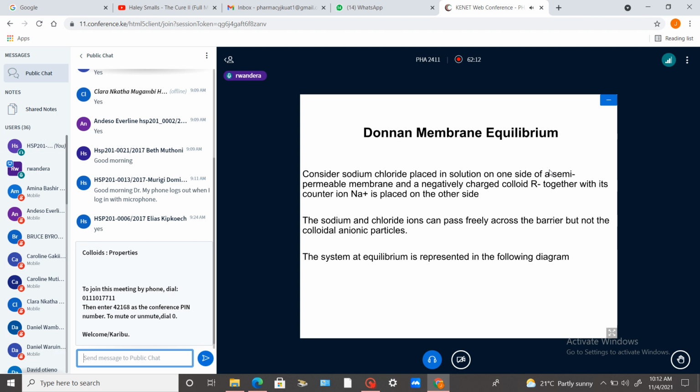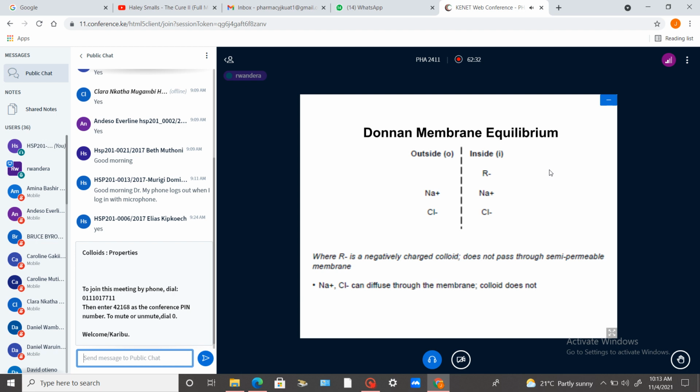So for us to understand the Donnan membrane equilibrium effect, you have to consider a scenario where you have sodium chloride. So we'll use sodium chloride as an example. So you'll have a semi-permeable membrane. You'll have sodium chloride on the outside of the membrane and sodium chloride on the inside of the membrane.